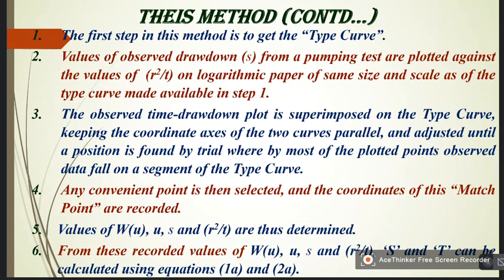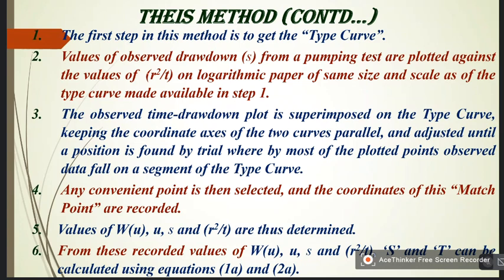Whatever scale is used in the type curve, the same scale you have to use. Suppose it is 3 cycles by 3 cycles graph paper, then you also have to draw your R square by t versus S on a 3 by 3 cycle logarithmic graph sheet.